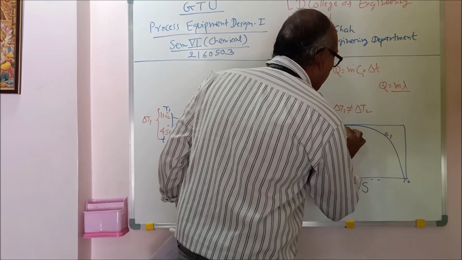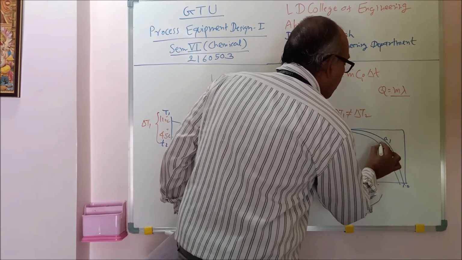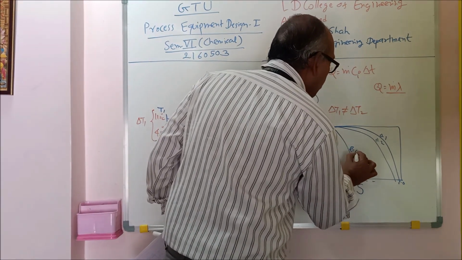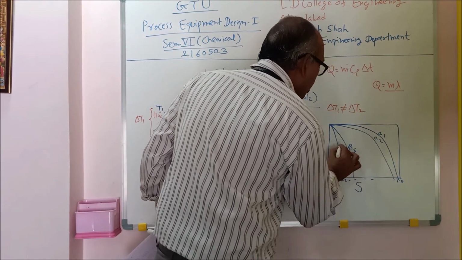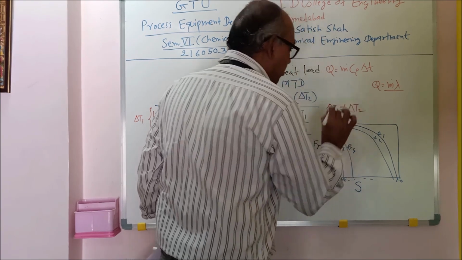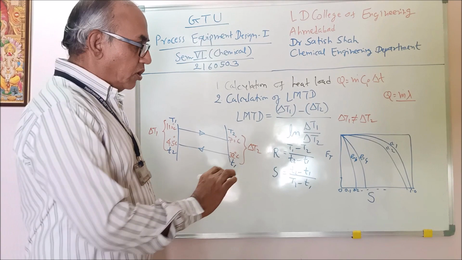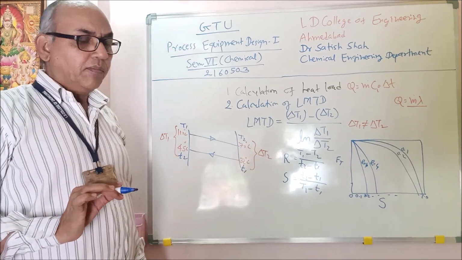Say this is 0.1, 0.2, like this. Here I will say, suppose R is equal to 4, R is equal to 10, like this, 15, 20, so many. So this chart, nomograph, is available in the book.